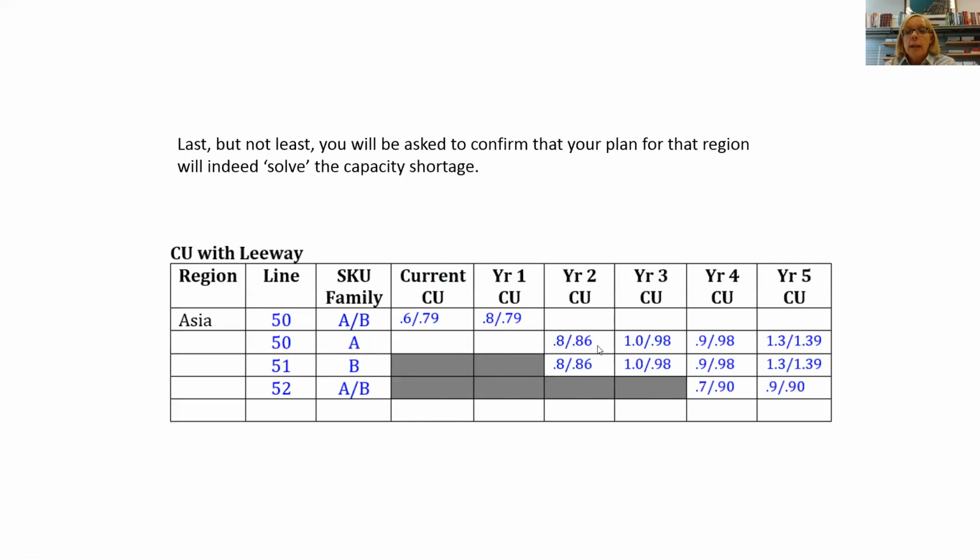We have the new line that came on board, and if you look at the current operating efficiency, and it's a dedicated line, we are able to determine, looking at Asia, that they're currently at that 75% operating efficiency. Remember, we calculated that, and we calculated it at 864,000 cases, and that absolutely is the case. That takes care of year 2.